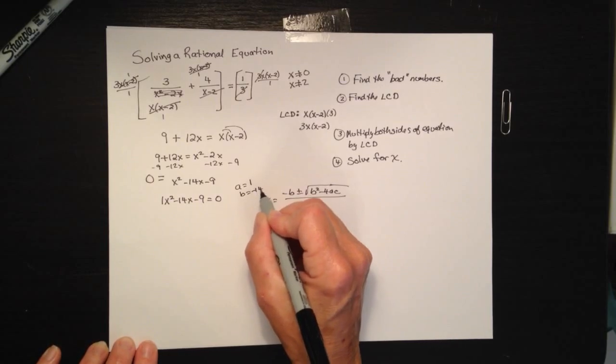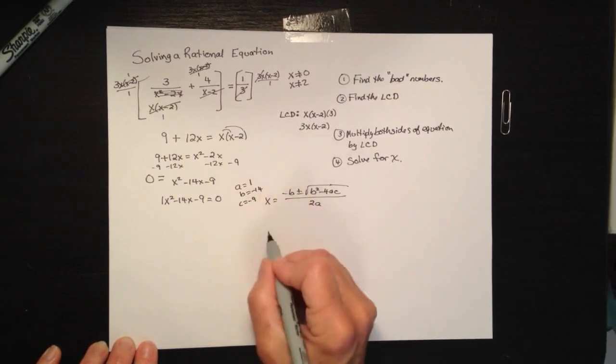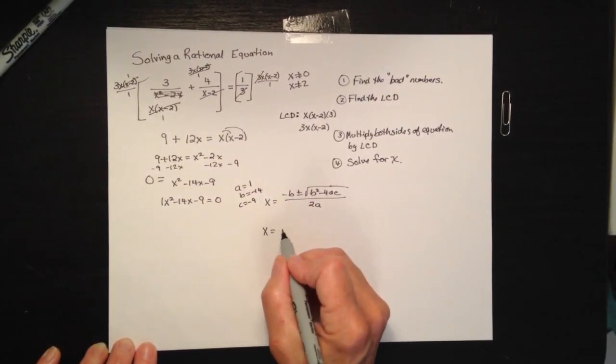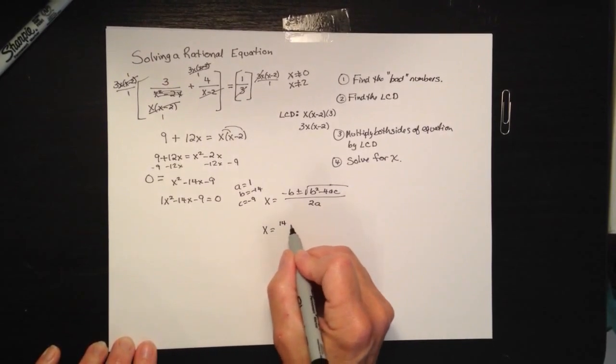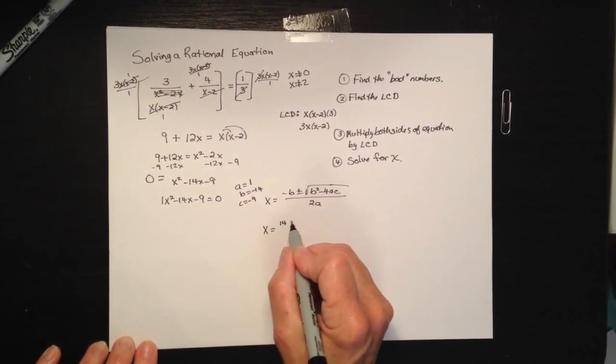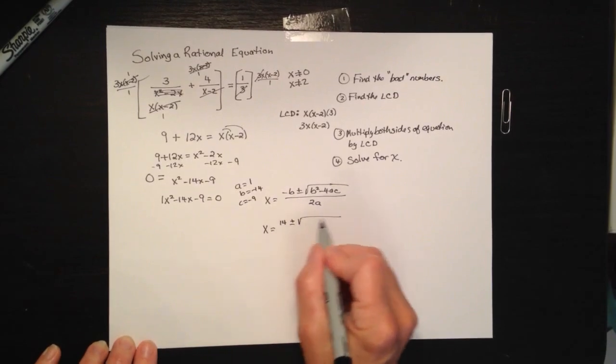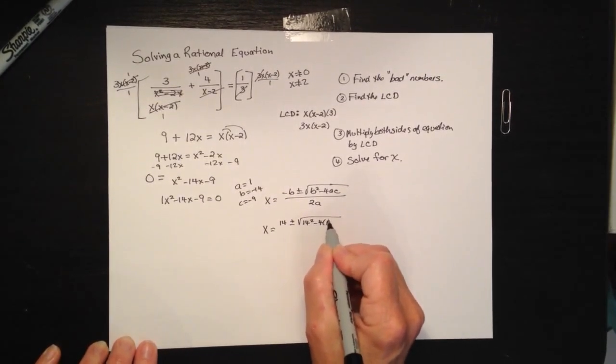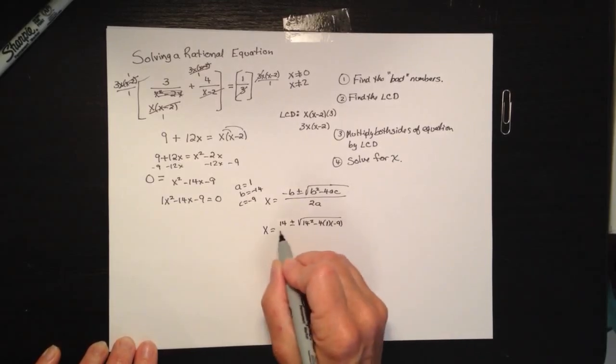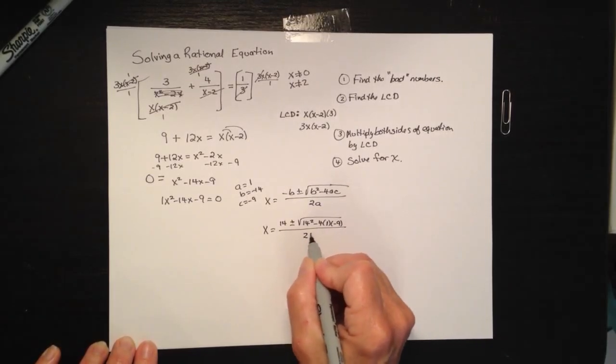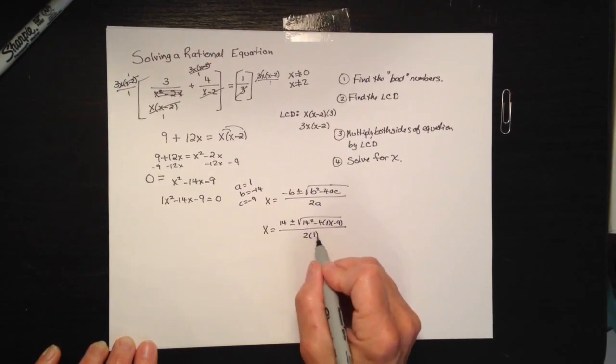B is negative 14. C is negative 9. So x is equal to negative b, negative 14, which is positive 14, plus or minus the square root of 14 squared minus 4 times a times c, all over 2 times a, which is 1.